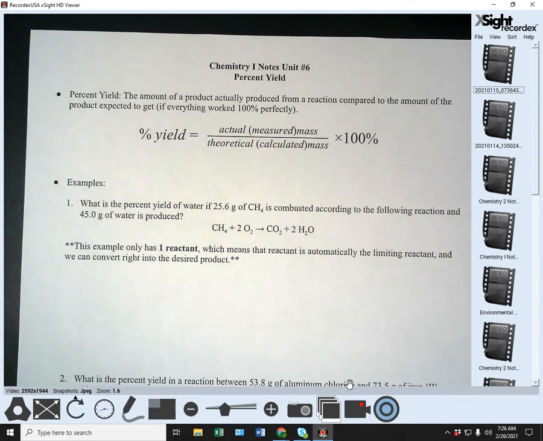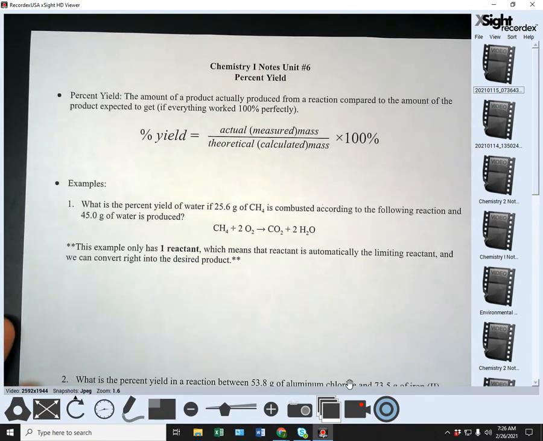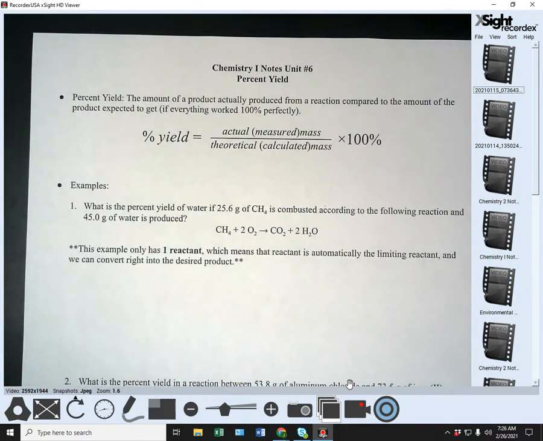In a reaction, you can have other unintended side reactions occur with gases in the air, or other things that it comes into contact with, where it doesn't give you a full reaction or whatever. So that's where percent yield comes in.